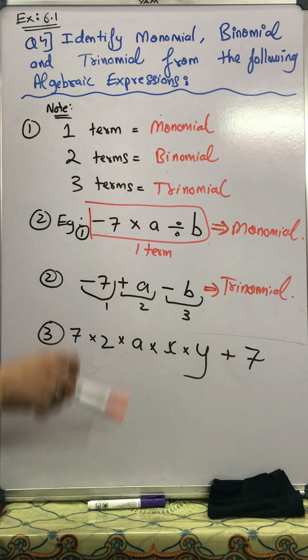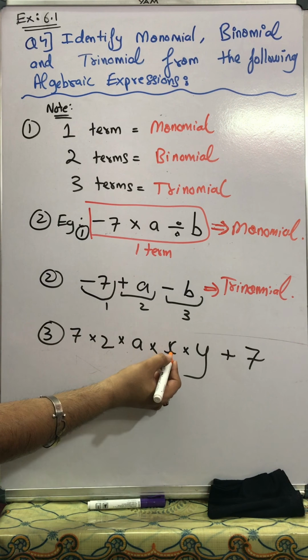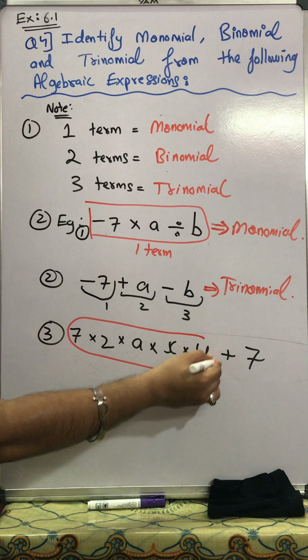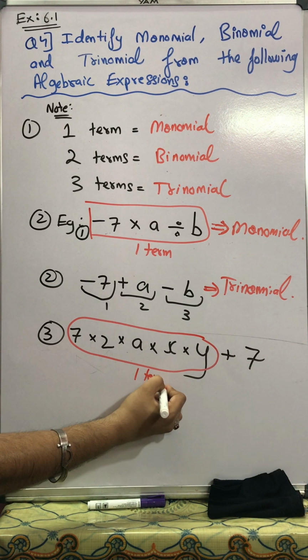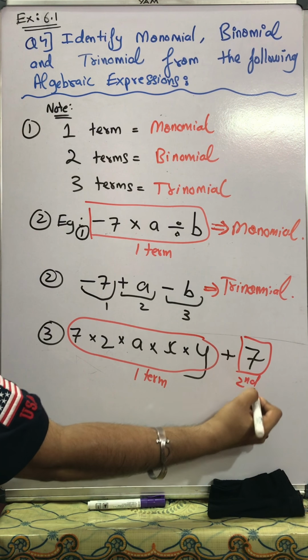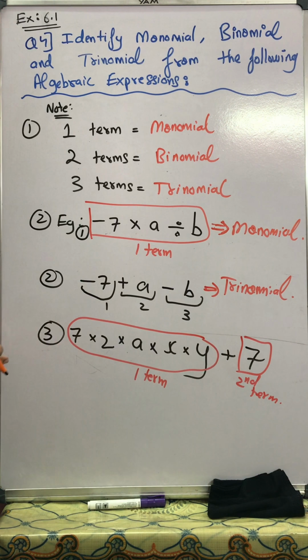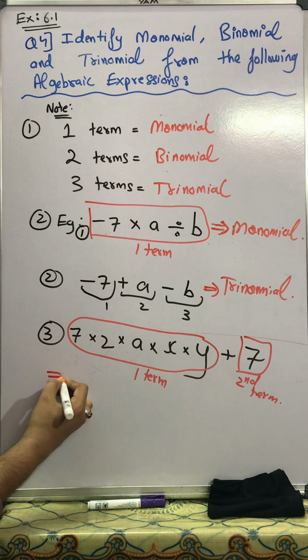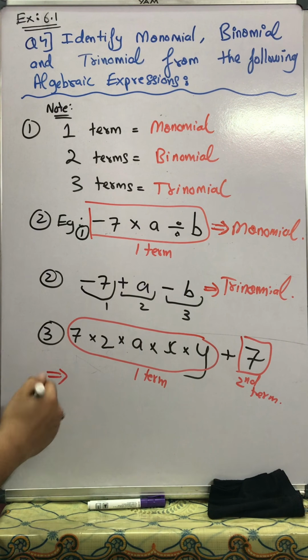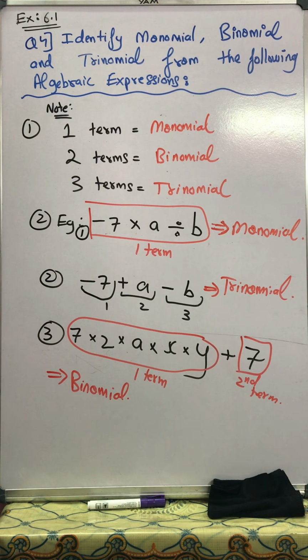Here I told you that multiplication and division do not form a term. Can I say 7 multiplied by 2 multiplied by a multiplied by x multiplied by y, this full expression is one term. Plus 7, and this is a second term. So in total we have two terms in this expression. Because we have two terms here, this expression is called a binomial. Students, now please pause the video and do it by yourself first.